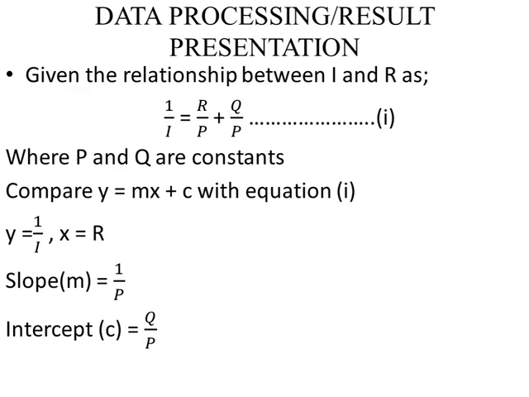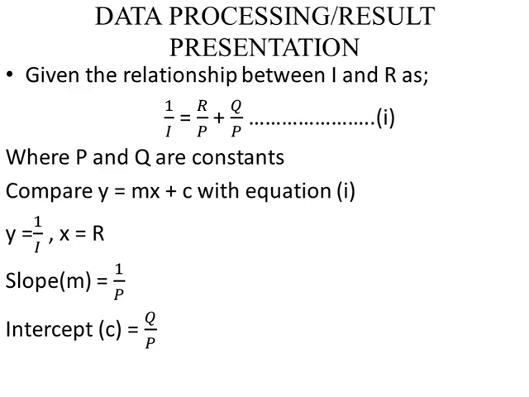By the time you linearize, 1 over I equals R over P plus Q over P, where P and Q are constants. As long as P and Q are constants, try to compare y equals mx plus c with the equation given to you.